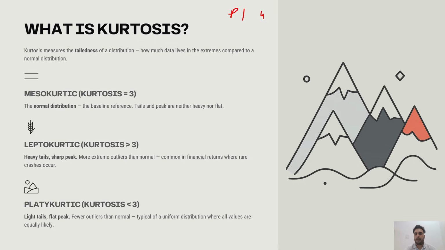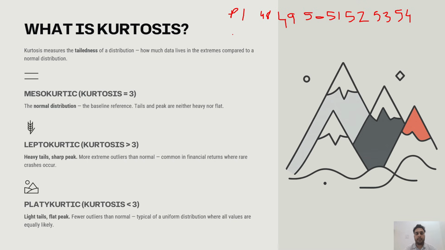Let's suppose 48, 49, 50, 51, 52, 53, 54. Okay, so this is the first data set I have taken, from 48 to 54.